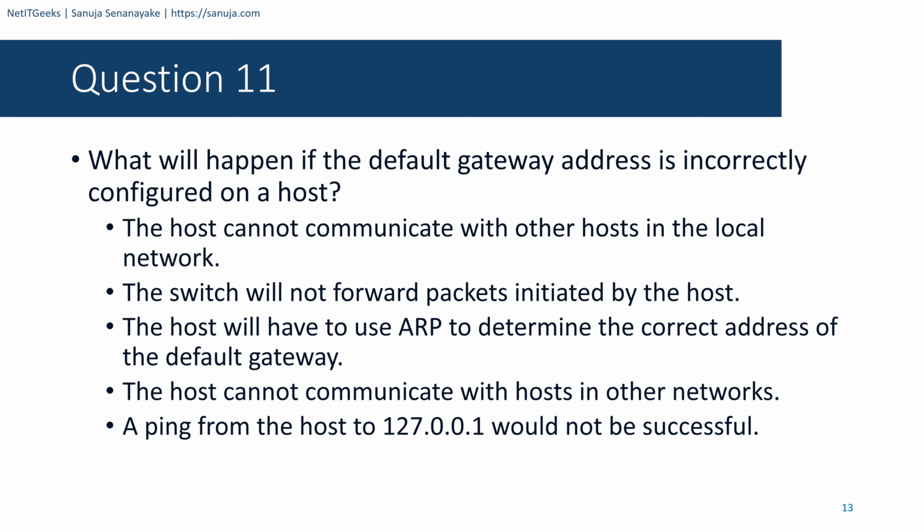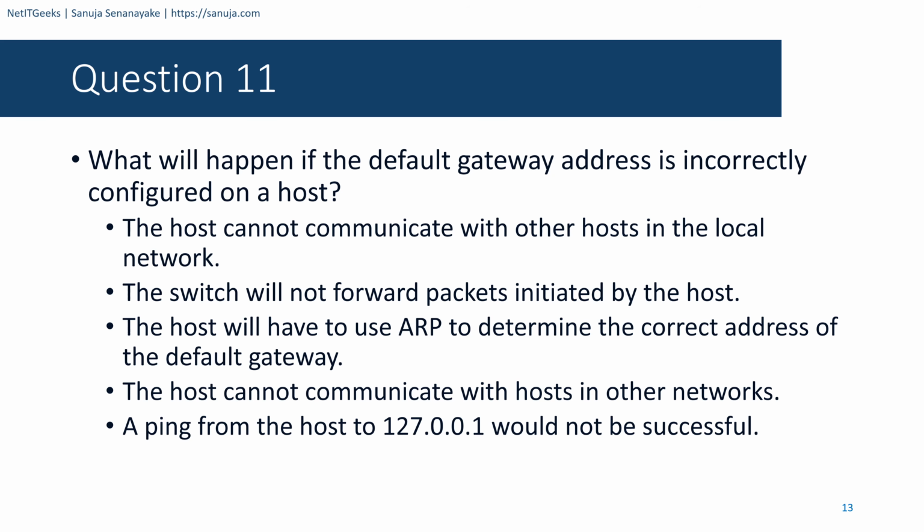The issue here is that the default gateway is not correctly configured in the host, not the router, not the switch, but the host itself. So basically, a manually, incorrectly entered default gateway. If you read the answers, you can already eliminate a couple of these. Remember, I already discussed the loopback IP address of 127.0.0.1.